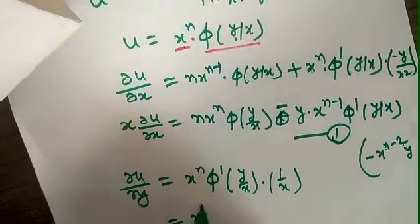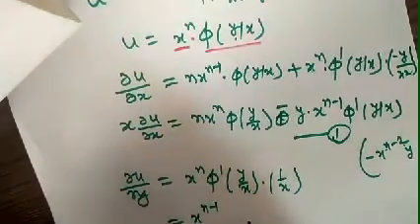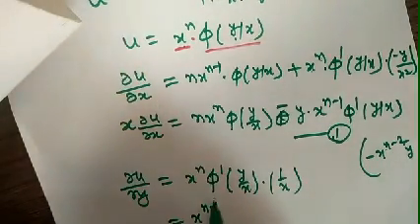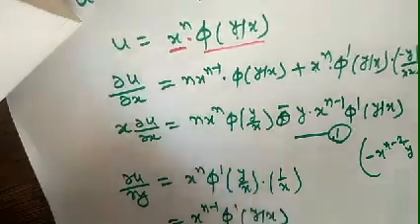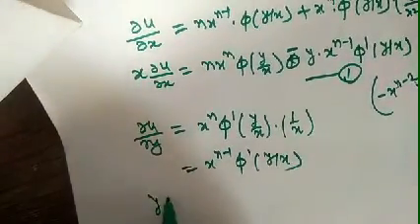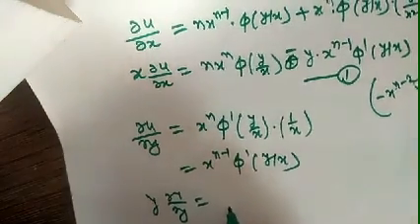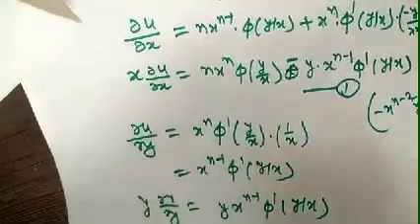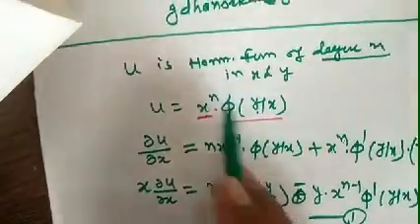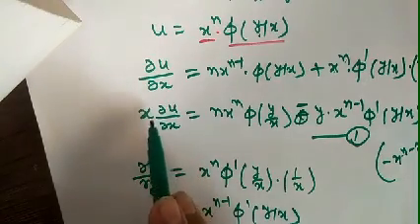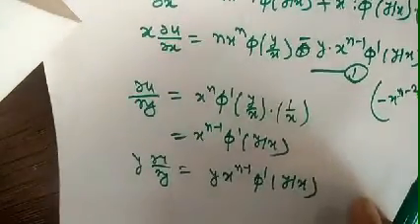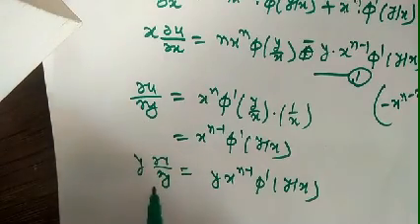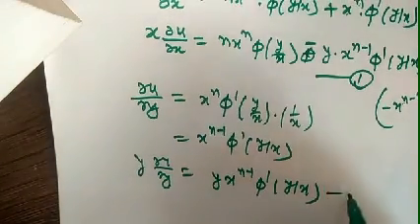This total term is x raised to power n minus 1 into phi dash of y divided by x, and I will multiply this term by y, so y into del u by del y is equal to y into x raised to power n minus 1 phi dash of y by x. What I did: given function u is homogeneous in x and y of degree n, I find its partial derivative with respect to x and multiply by x, giving equation number 1. I find the partial derivative with respect to y and multiply by y, giving equation number 2.